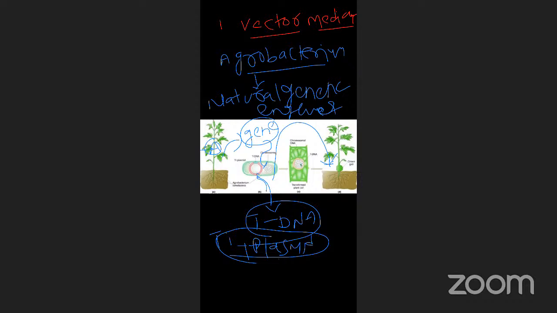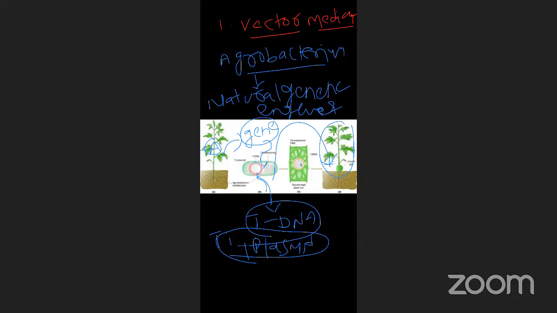The rDNA-containing agrobacterium naturally enters the plant through the roots. Later, this rDNA is incorporated into the other plant's DNA, and the desired gene is already present in the rDNA.